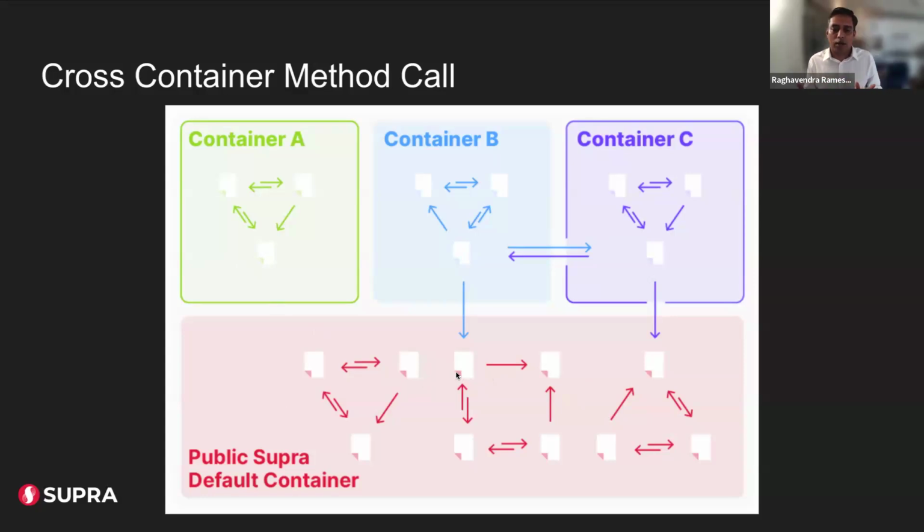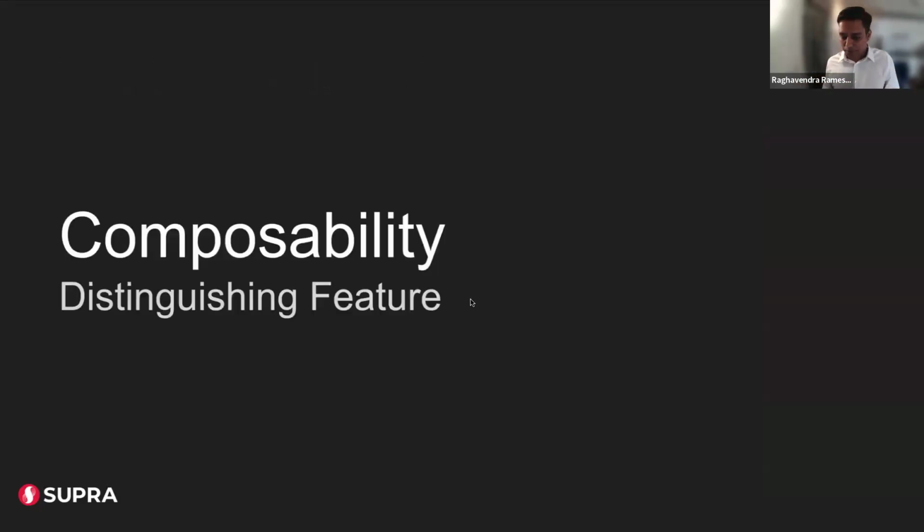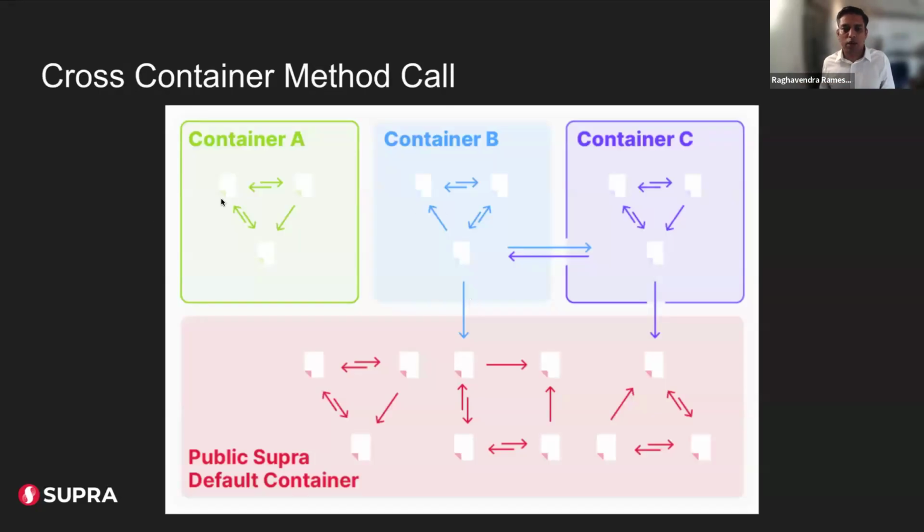Compared to the current approach, let's say these were Cosmos zones, or these were L2s. Now the USDC contract has to be deployed in container B or app chain B, app chain C, and app chain A, along with USDT deployed on Ethereum.